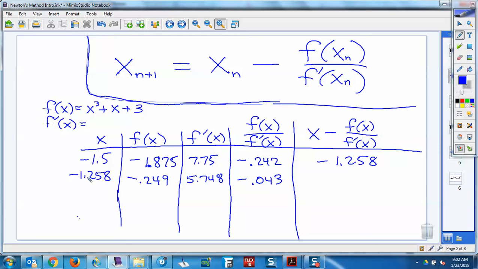And then we subtract this, subtract that. Let's go one more row. Negative 1.215. Okay?